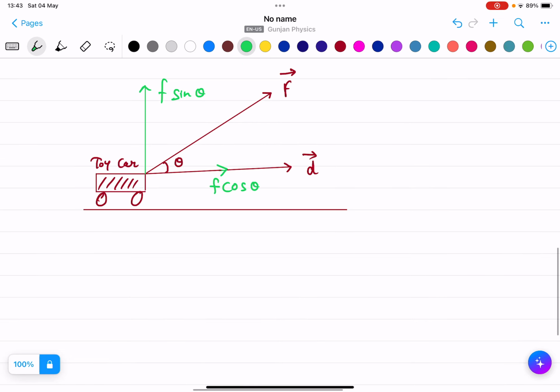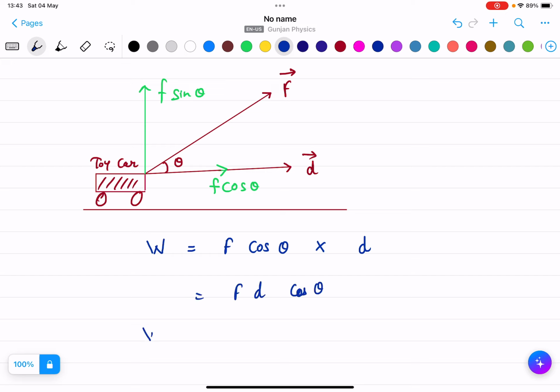Now, if I need to calculate the work done, what will be the work done? Work done is the displacement times the horizontal component, because the car is moving in this direction. So work done is F cos theta into displacement. Can I write it as F d cos theta?